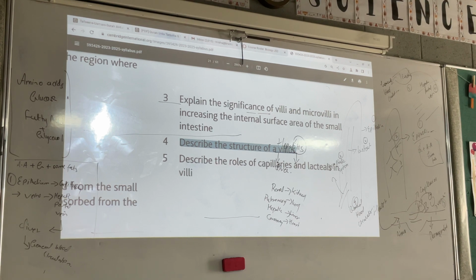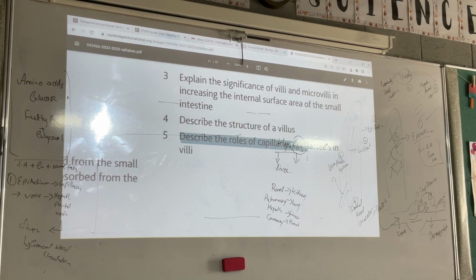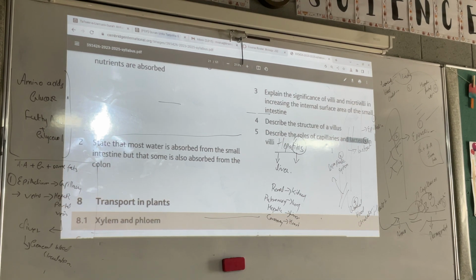Epithelium, blood capillaries, lacteal, lymphatic system, right? All those. And then the role of capillaries and lacteal. Capillaries are for absorption of glucose, amino acids, and some fats, fatty acids. Lacteal is for absorption of most of the fats, right? So with that, we are actually done with this chapter.